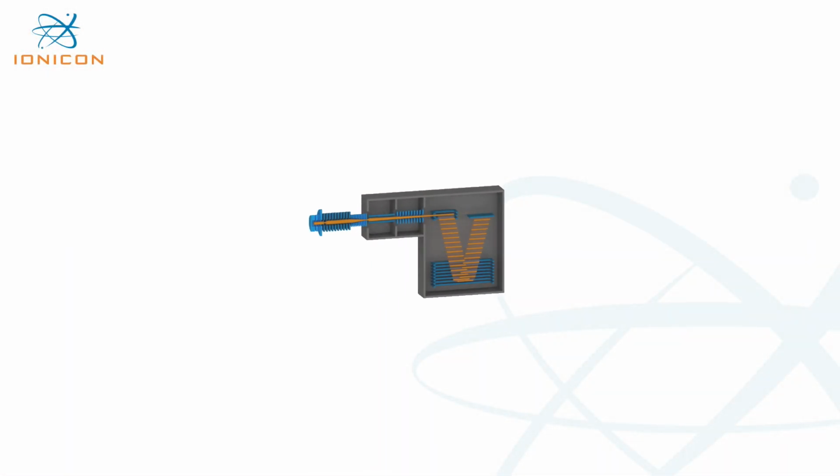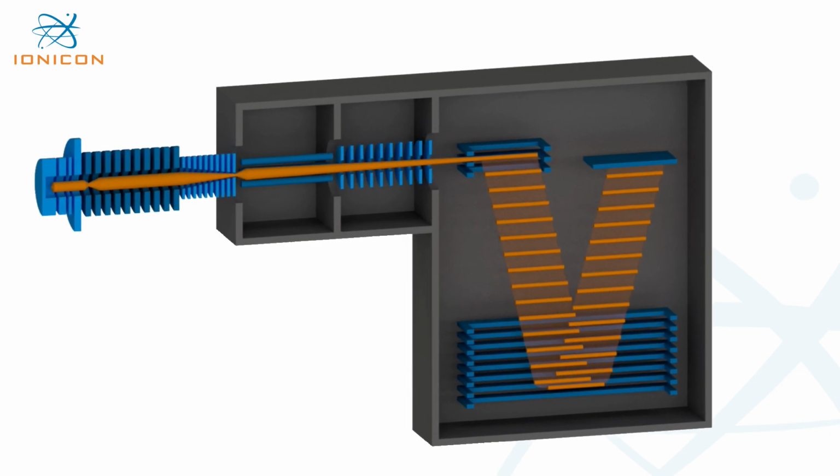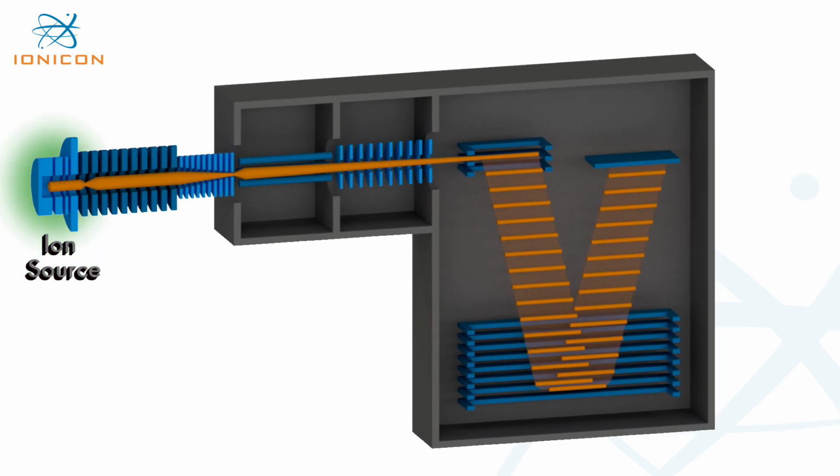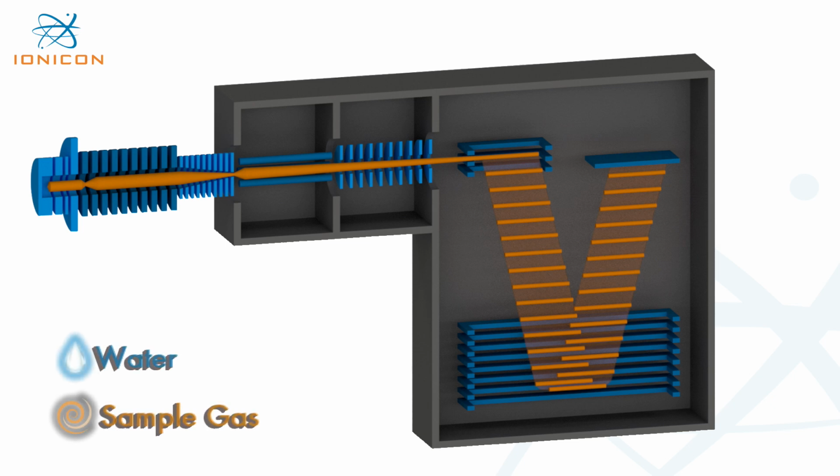So far, a typical IONICON PTR-TOF analyzer consists of three crucial parts: an ion source for reagent ion production, a reaction region or drift tube for chemical ionization, and a TOF analyzer for acquiring full mass spectra in split seconds. In the most common H3O+ ion mode, water vapor from a water reservoir is introduced into the ion source.